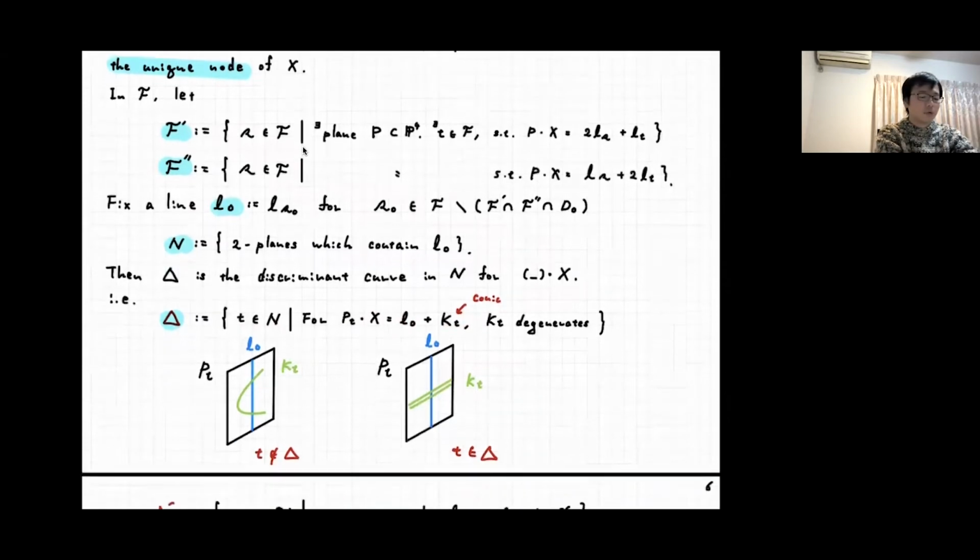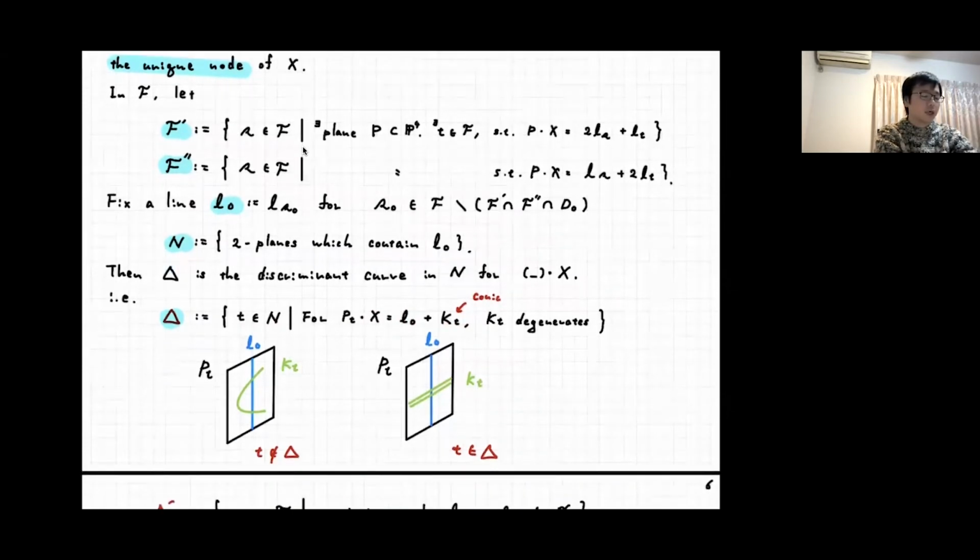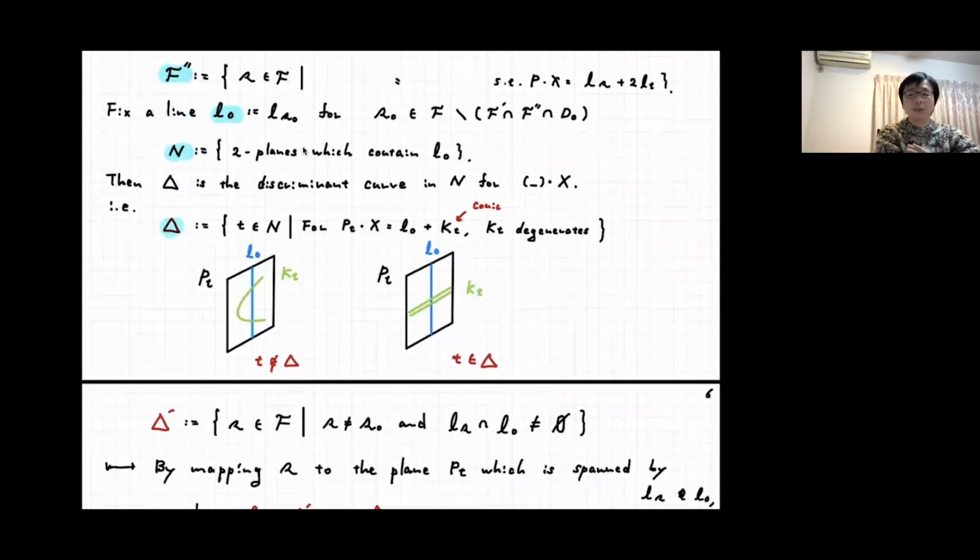By watching the figure, I think you can understand easily. If we take a point which is not in the discriminant curve, then as an intersection of PT and X, we obtain the 1 line and the conic KT here. But it can degenerate when we take the point T in the delta. Then we have the 2 lines KT. So this is the definition of the delta.